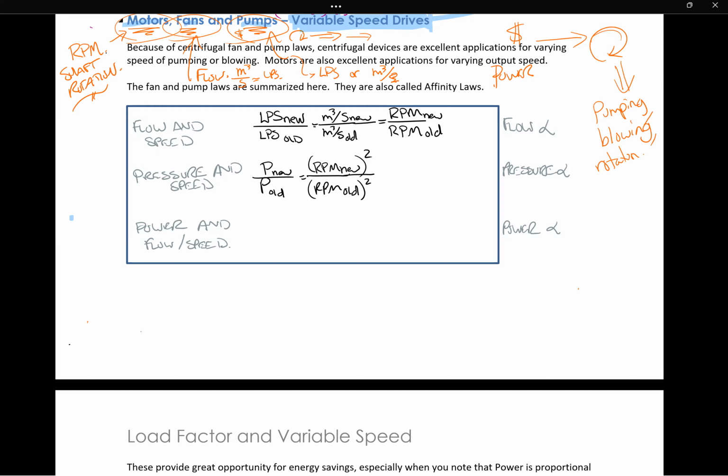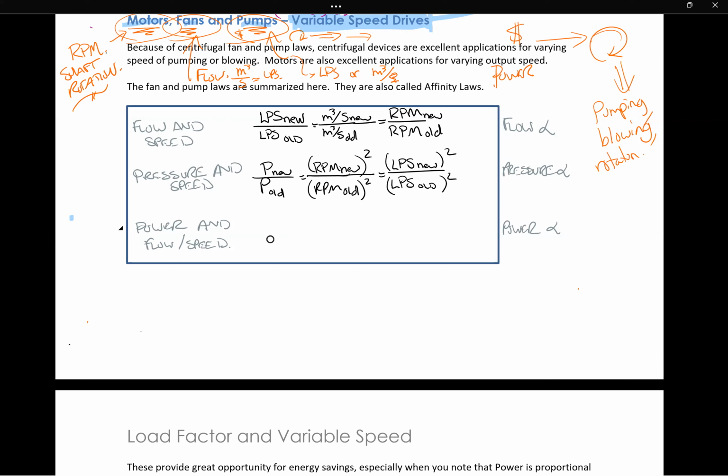So the square of the rotational speed change is proportional to pressure itself. And the flow relationship, liters per second new and old, is also a square relation.